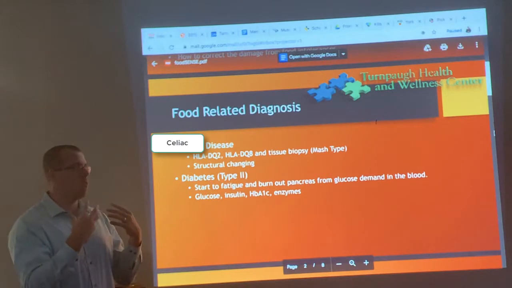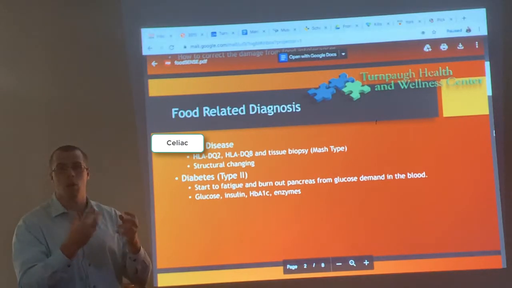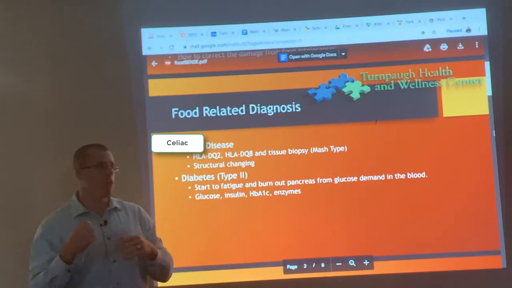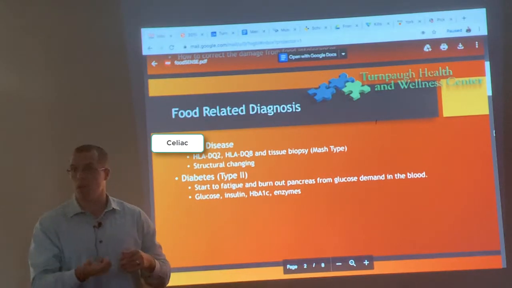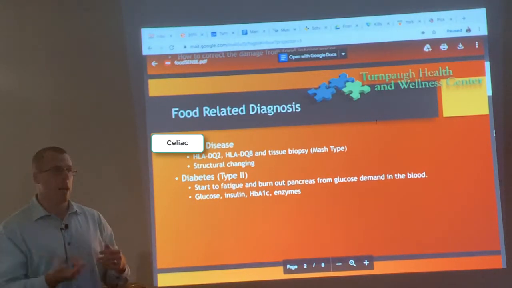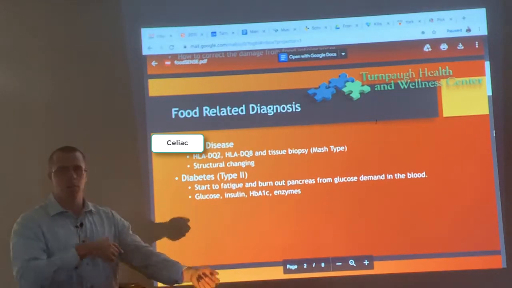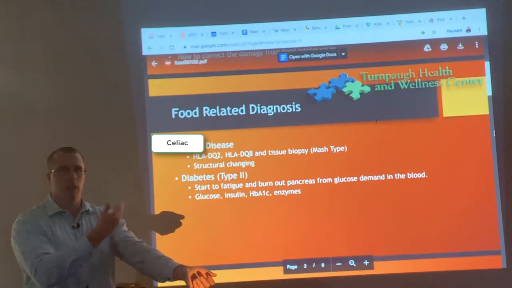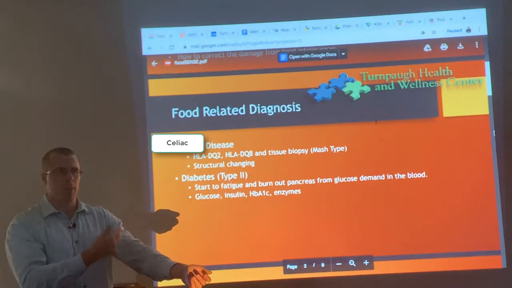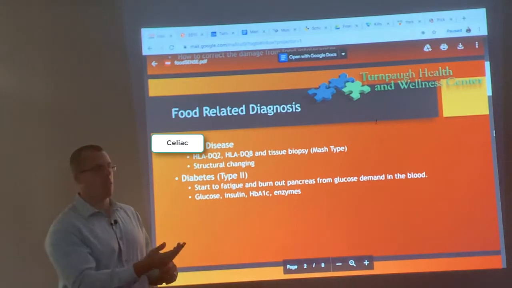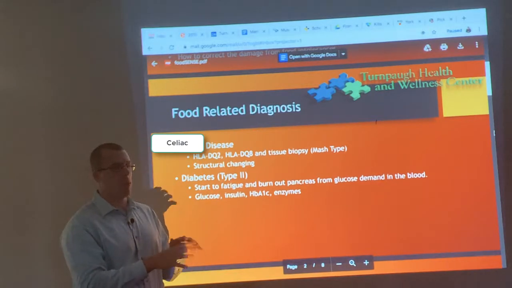And we expose the bloodstream to high levels of glucose for so long that the pancreas has to release insulin in response to that blood glucose. It's basically burning out your pancreas. We constantly have glucose in our blood, so the pancreas is saying, I constantly need to release insulin to lower that blood glucose.